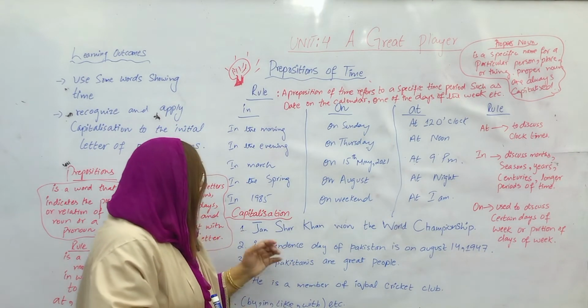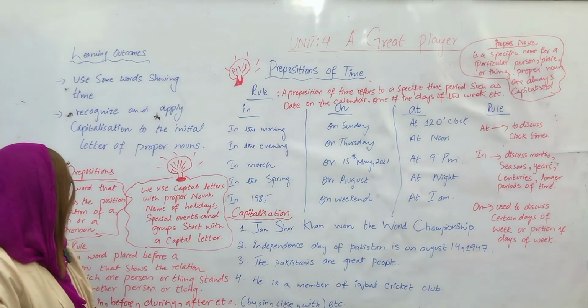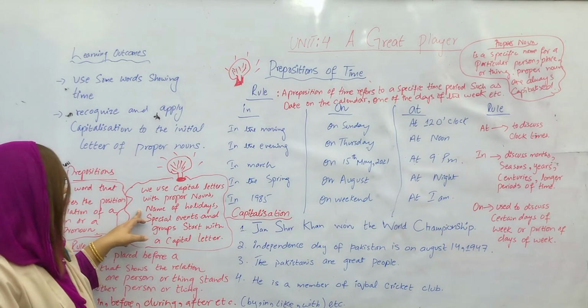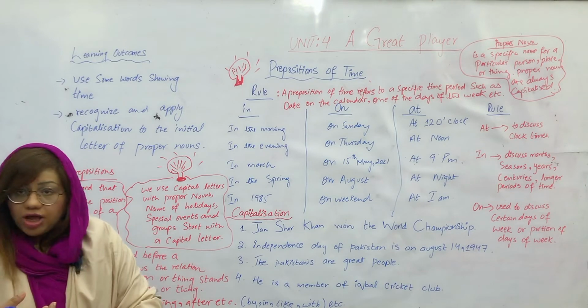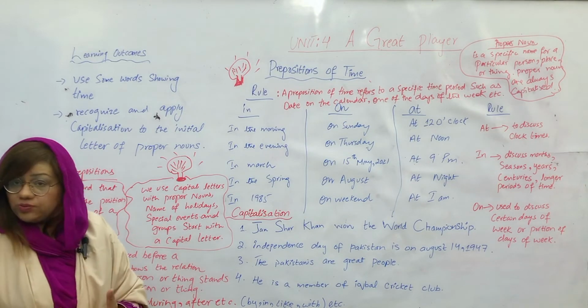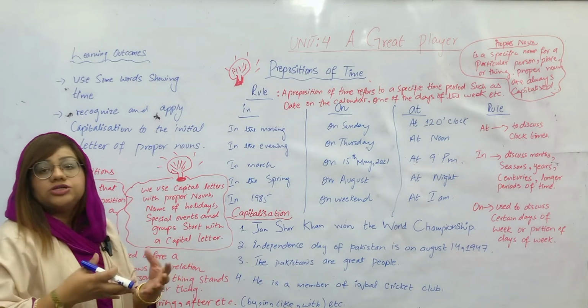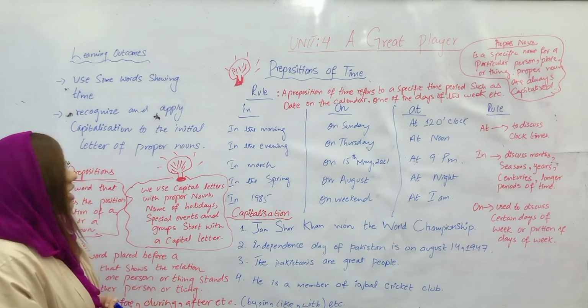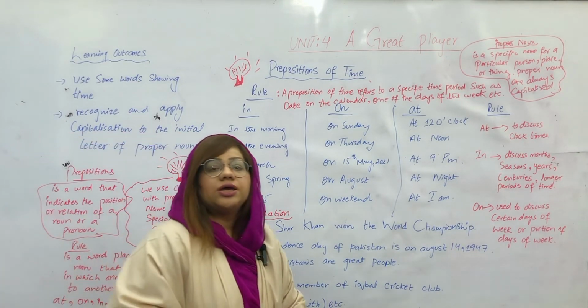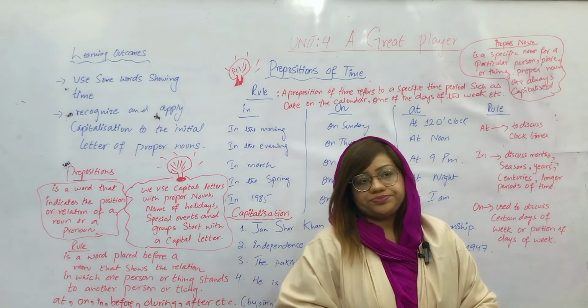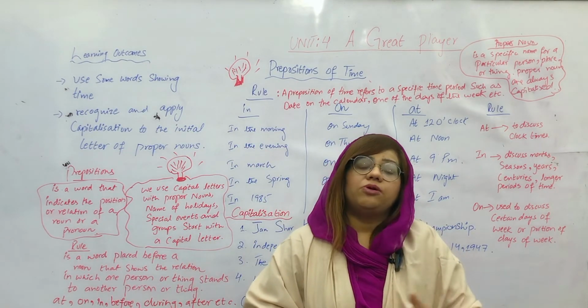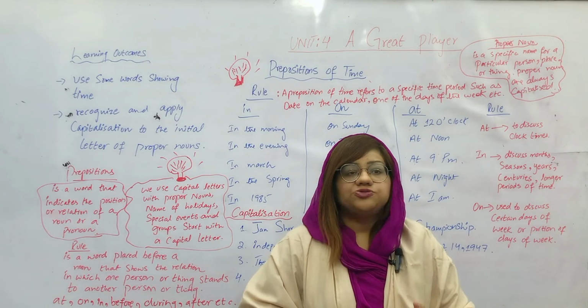Now, in front of you, we use capital letters with proper nouns, names of holidays, special events, and particular specific groups. The name of a person always starts with a capital letter. The name of a place starts with a capital letter.